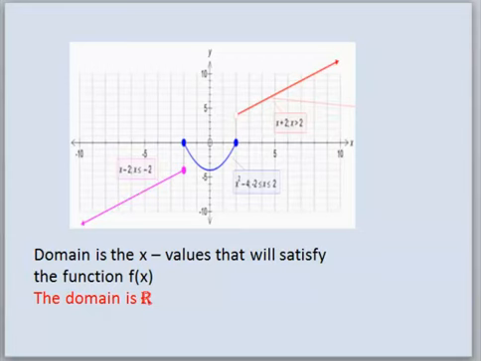Now if you look at the x values, for every x value there is a y value, and when we get to the one where there's an open circle, well, if x is equal to 2, although it's excluded in this function, it actually is part of this function, so I will get a value there: when x is equal to 2, y is equal to 0.